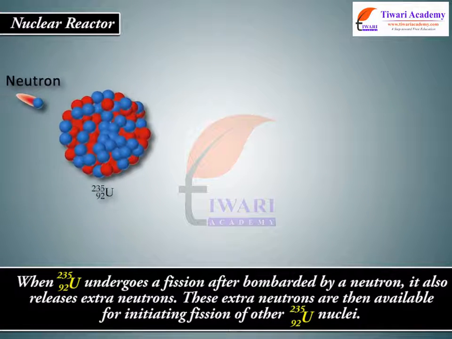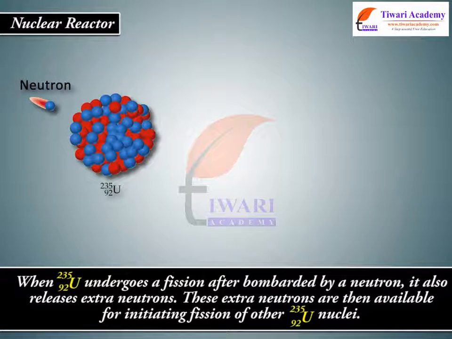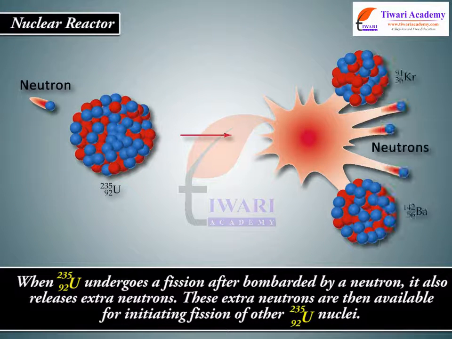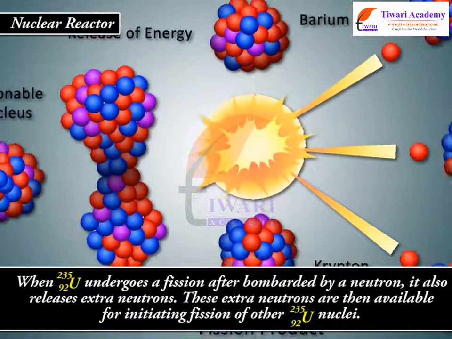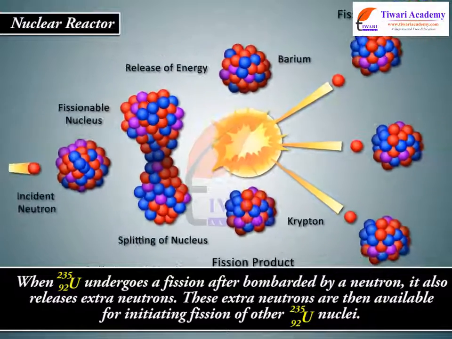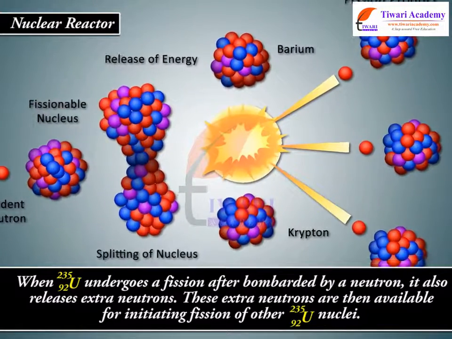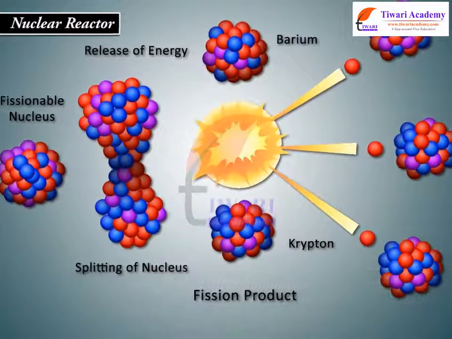When 92U235 undergoes fission after being bombarded by a neutron, it also releases extra neutrons. These extra neutrons are then available for initiating fission of other 92U235 nuclei.